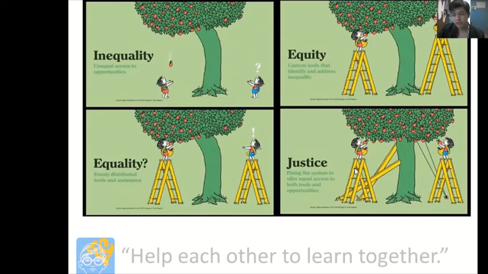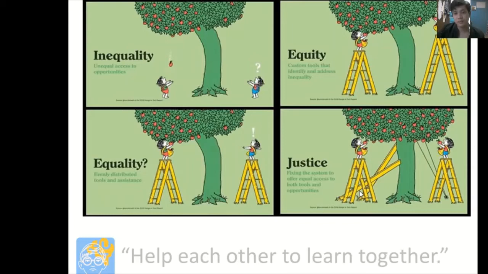But given the meaning of these four words in this video, it's not totally that equality is here and equity is the second one. Inequality is the lowest level, the second one is equity, the third one is equality, and also justice is here.